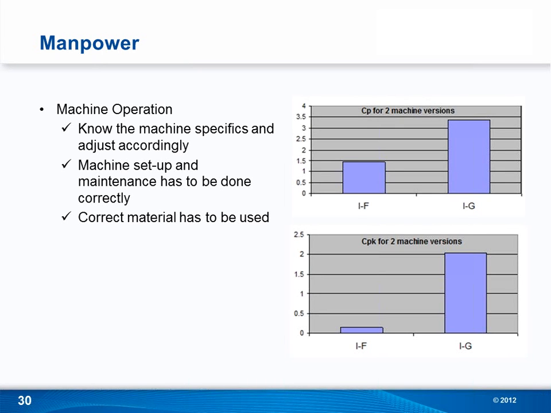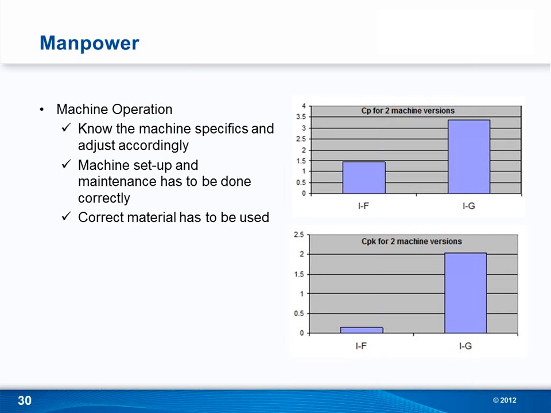So you have to know the quality and the specifics of your machine and make sure that the data preparation has taken that into account. The machine has to be maintained properly and set up properly.